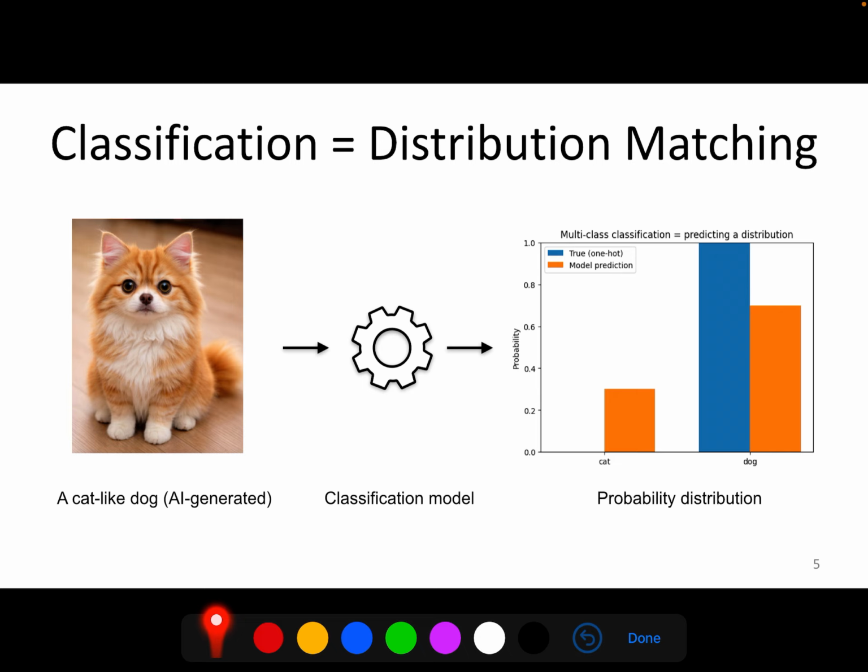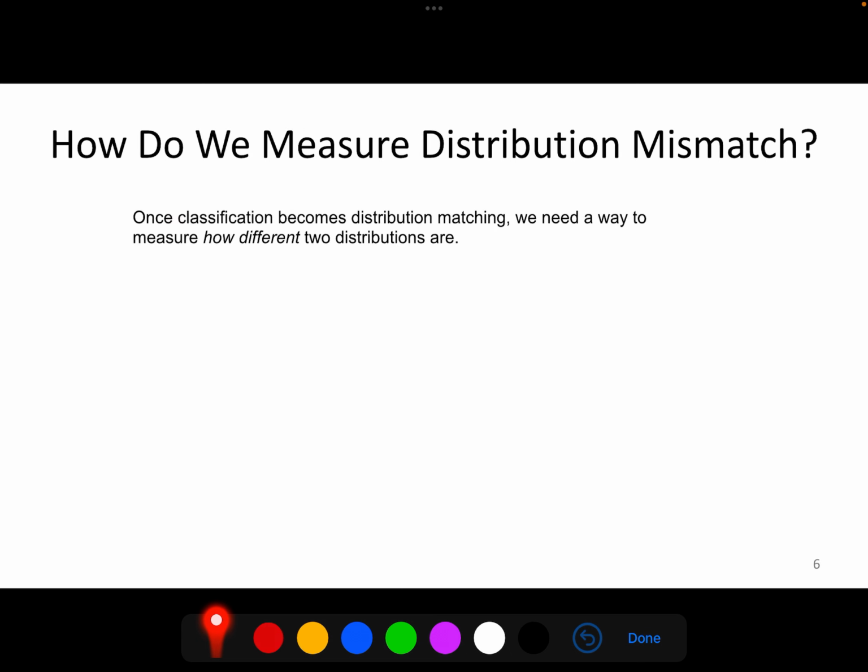So classification is fundamentally a distribution matching problem. Once classification becomes distribution matching, we need a way to measure how different two distributions are. One natural choice from information theory is KL divergence.